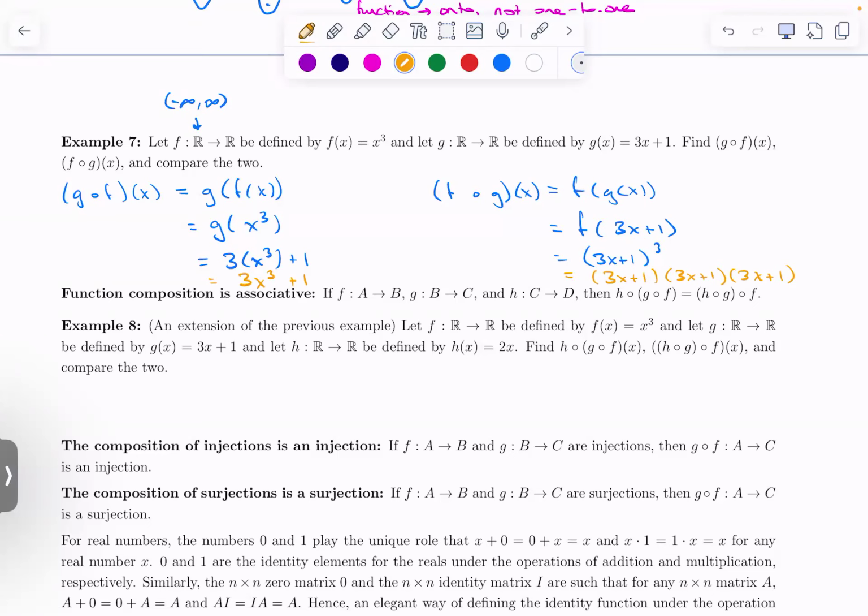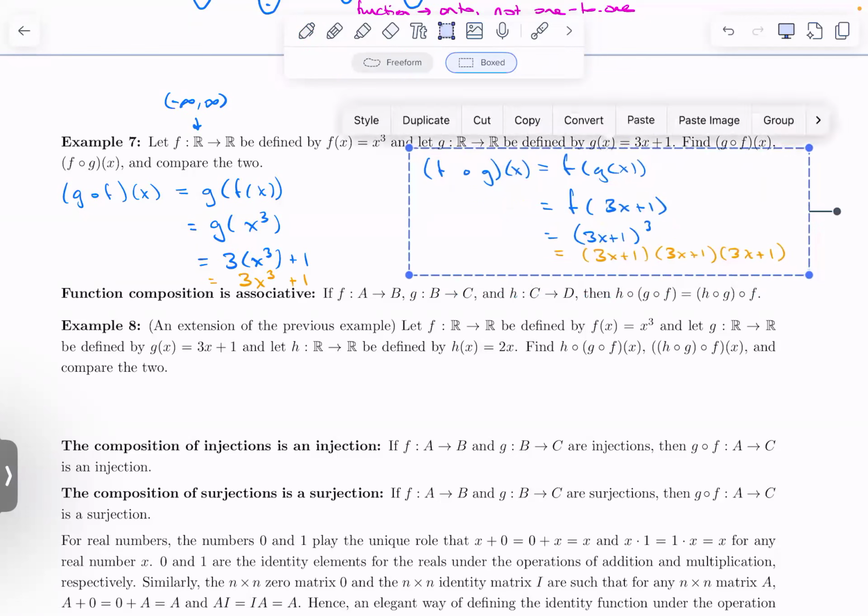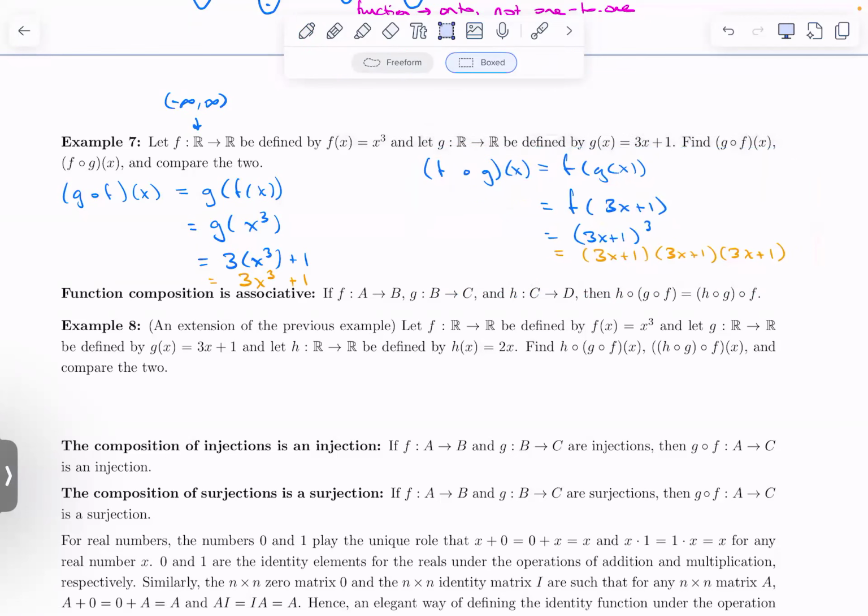Although I enjoy foiling or feeding the chickens or whatever you want to call it, these two things are not the same, right? 3x to the 3 plus 1 is not the same as 3x plus 1 to the power of 3.